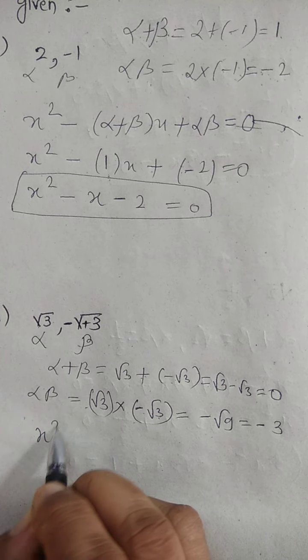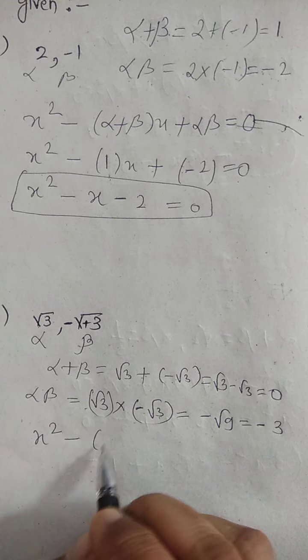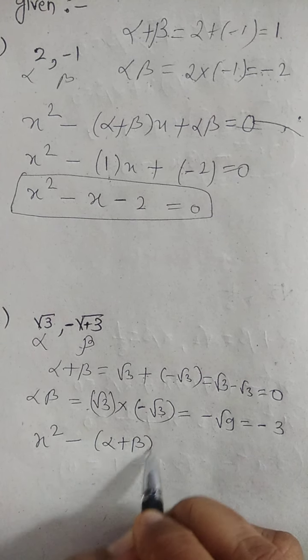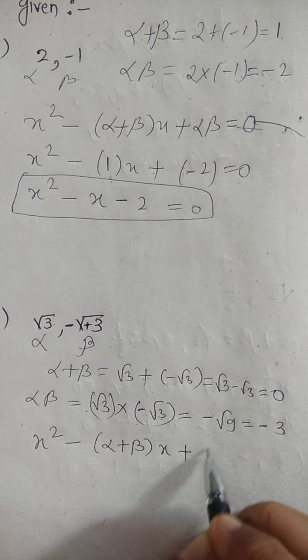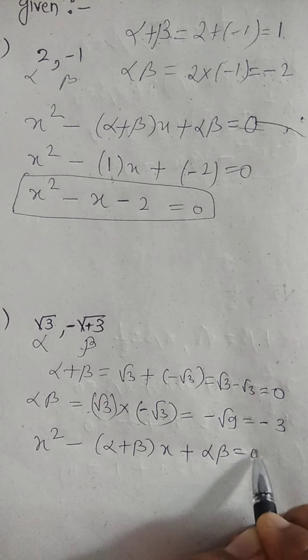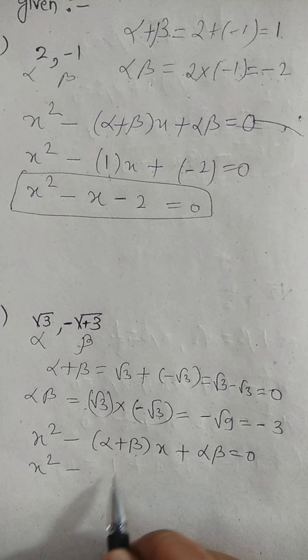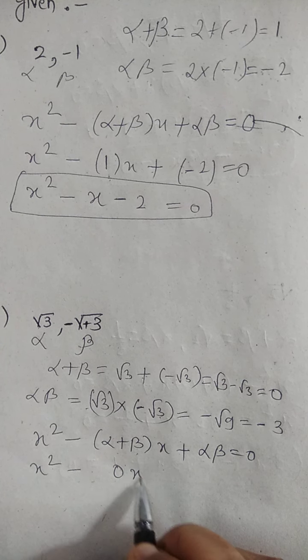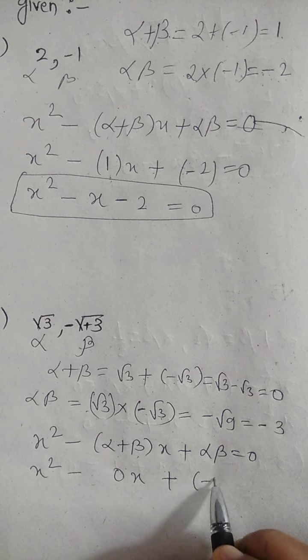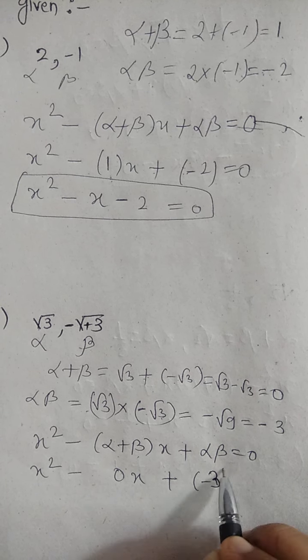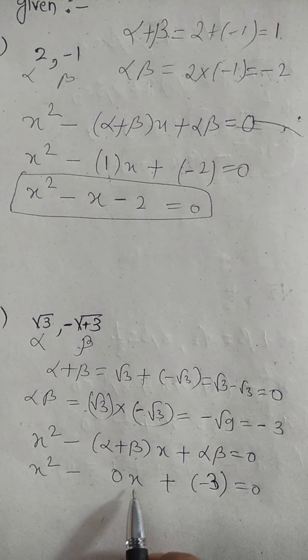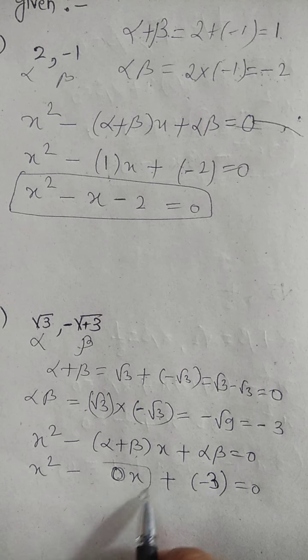Now write the formula and substitute. So simple it is. Alpha beta equal to 0. x square minus alpha plus beta is 0, x plus alpha beta is minus 3. So here we observe that the middle term is 0, means the middle term is missing.